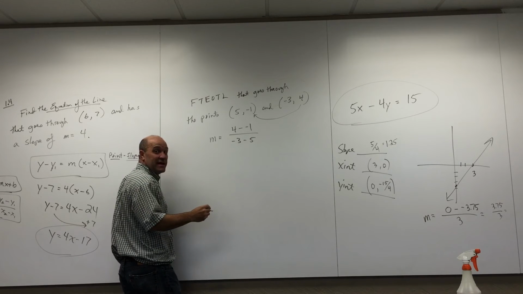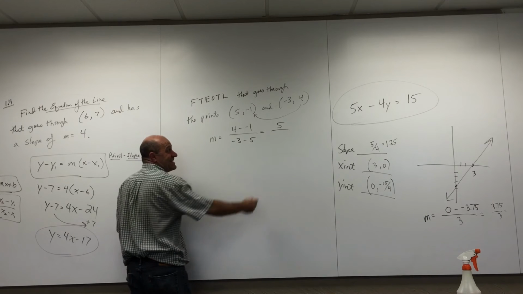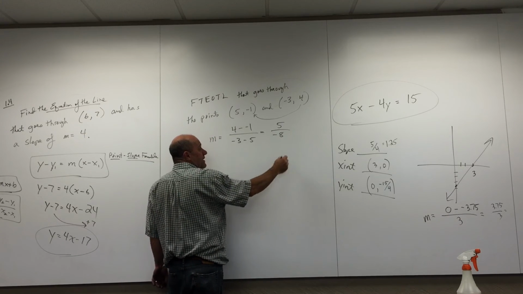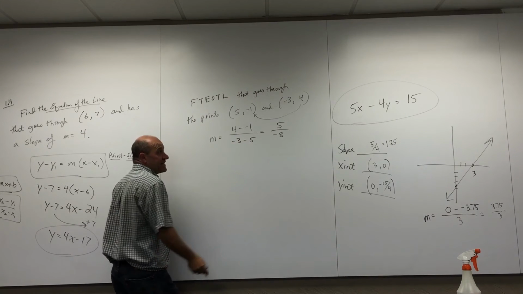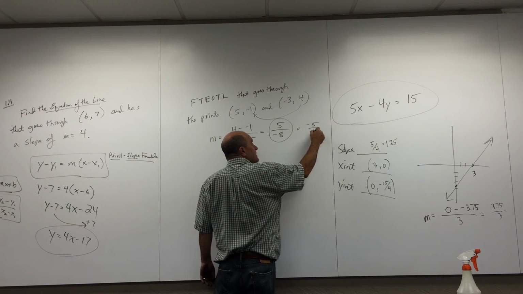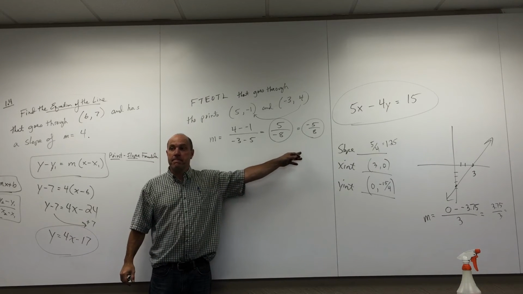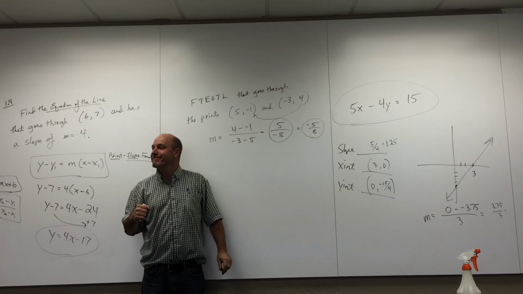Gotta be careful with all those negative signs. Anyway, that's a +5 in the numerator and a -8 in the denominator. I like to call that -5/8. You guys okay? So that's my slope.